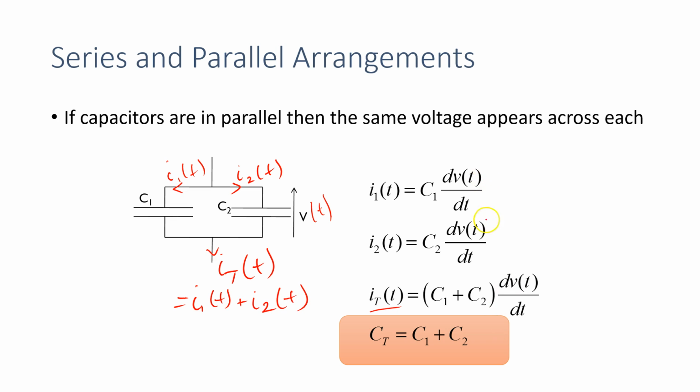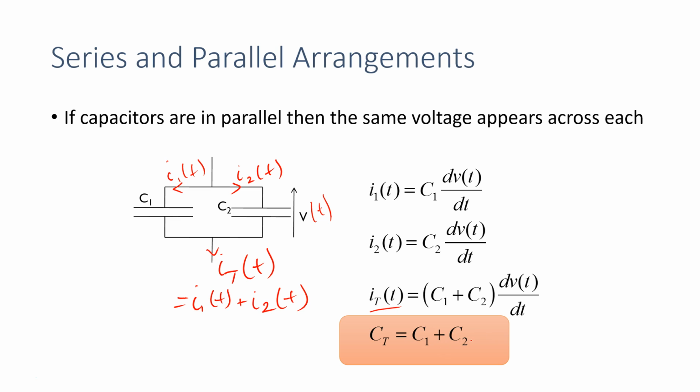And if I add these two together, I could factor that out and I'll get (C1 plus C2) dV/dt. So I could call this total capacitance, if I'm looking to put this in the form of some capacitance times dV/dt, CT will be C1 plus C2. So the total capacitance when capacitors are in parallel is C1 plus C2.